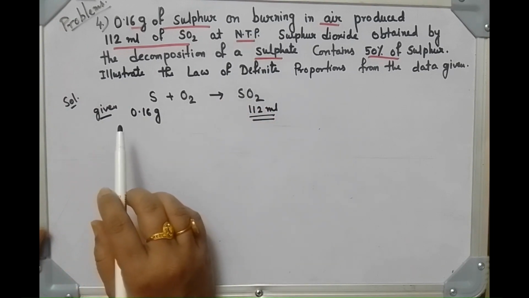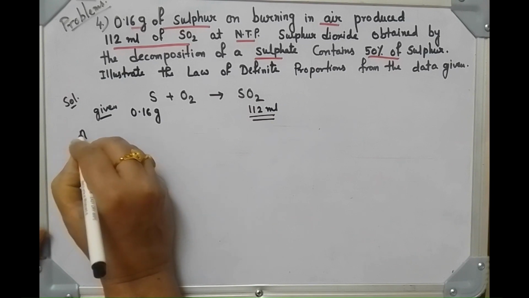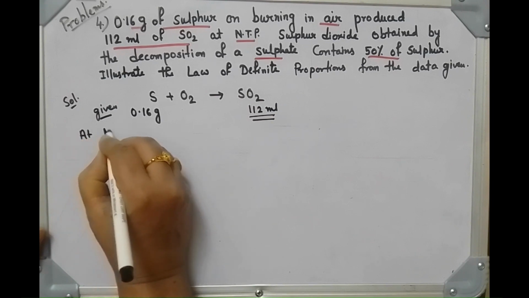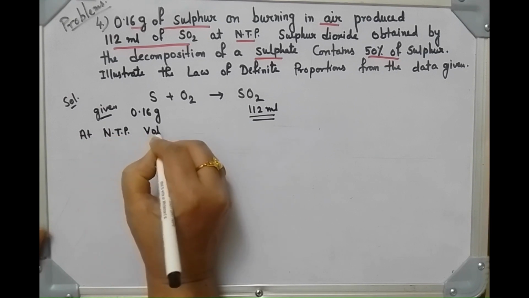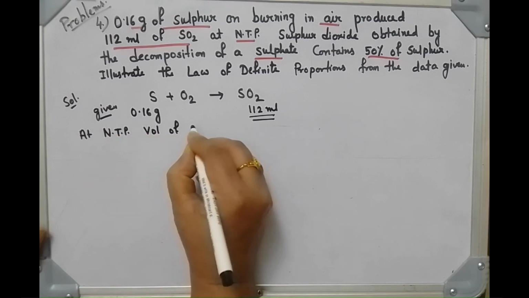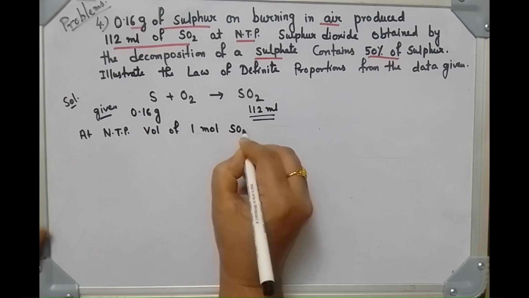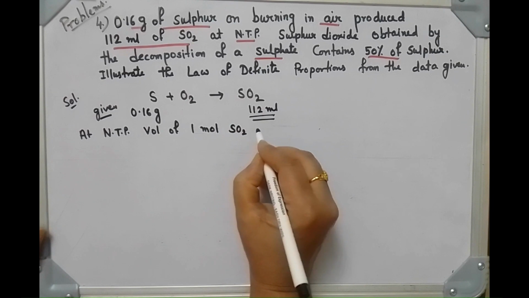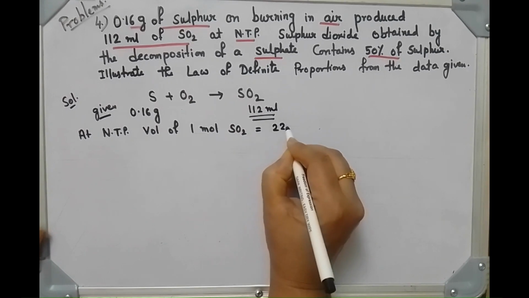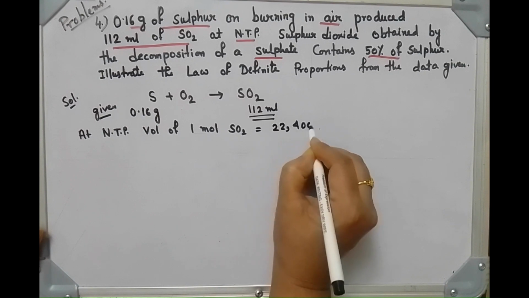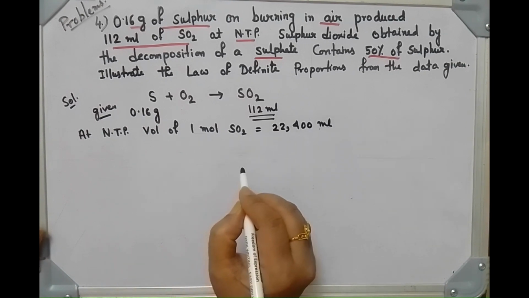So what do we have to do? You know, at NTP, the volume of 1 mole of sulfur dioxide, it is a gas, is 22,400 ml.